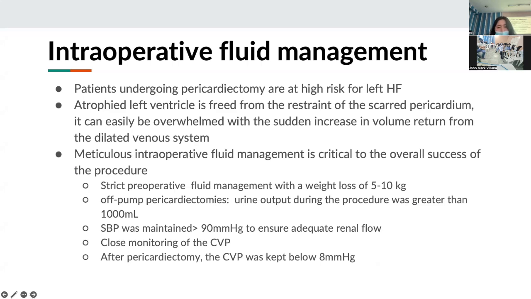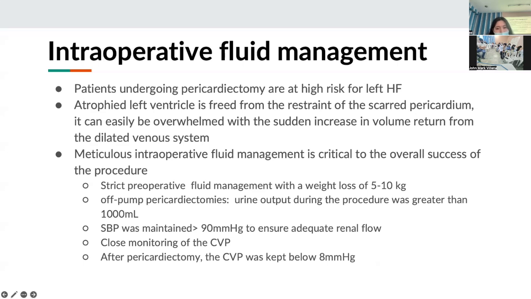As most patients were on chronic diuretics, the urine output was followed during the case, and for off-pump pericardiectomies, the target urine output during the procedure was greater than 100 ml. The systolic BP was also maintained greater than 90 millimeters of mercury to ensure adequate renal flow.